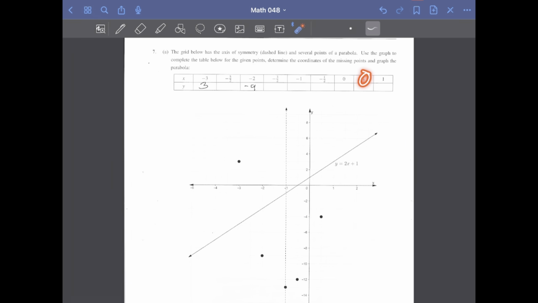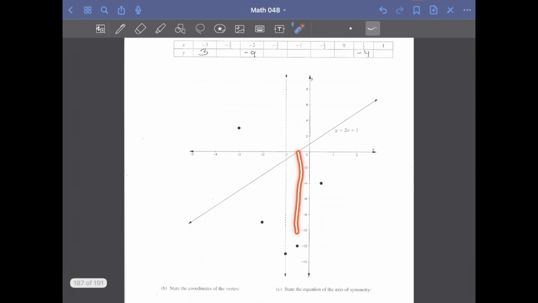And I see when x is negative a half, y is negative 12.